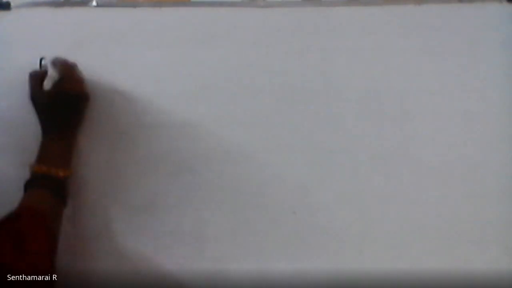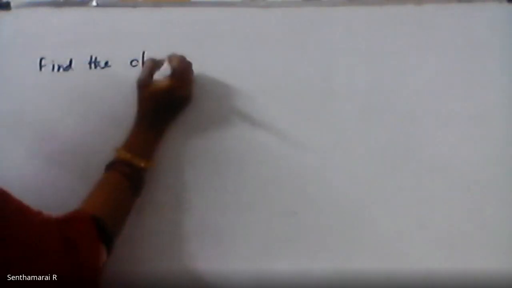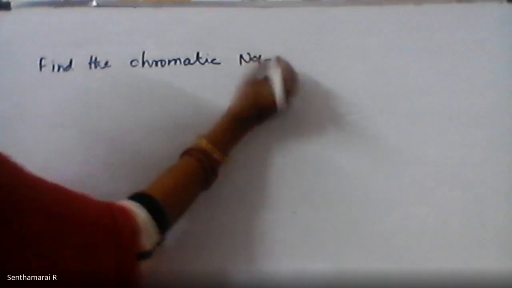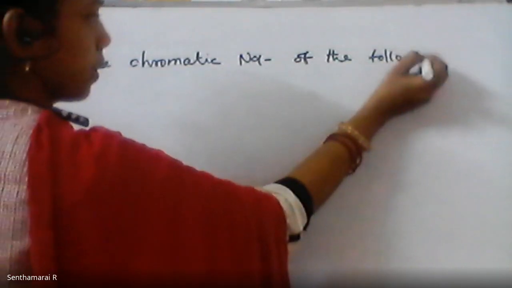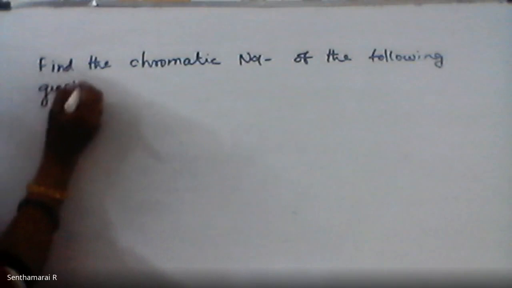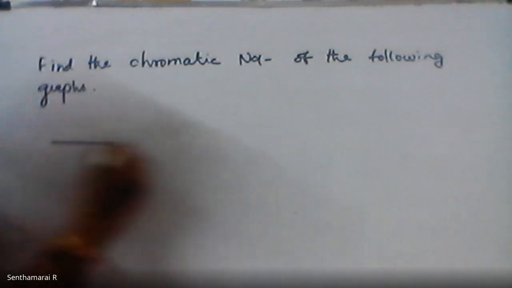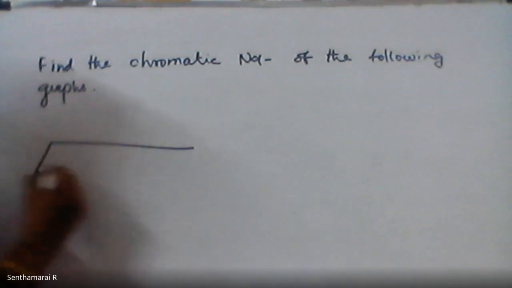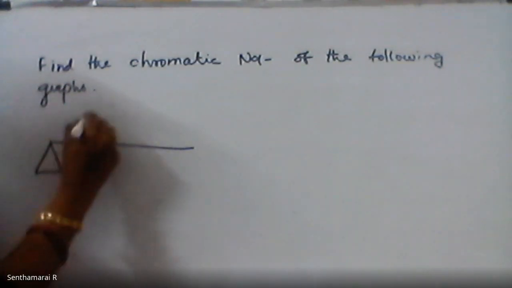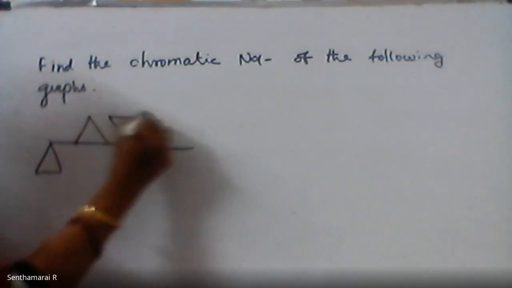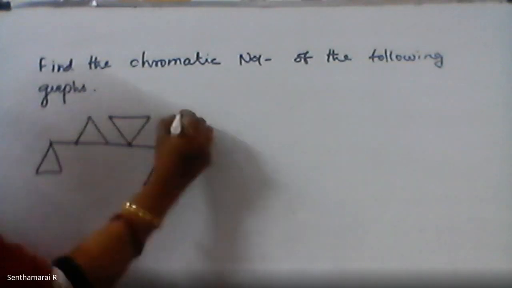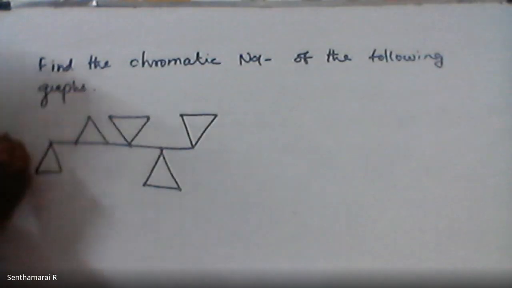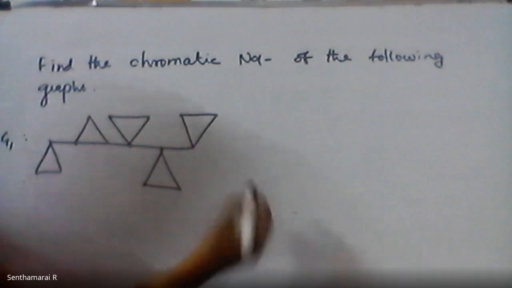For the following graphs we can find the chromatic number. First graph, this is G1, and G2.